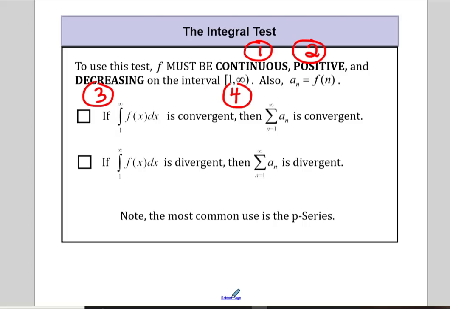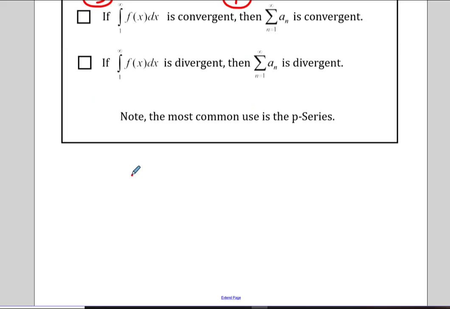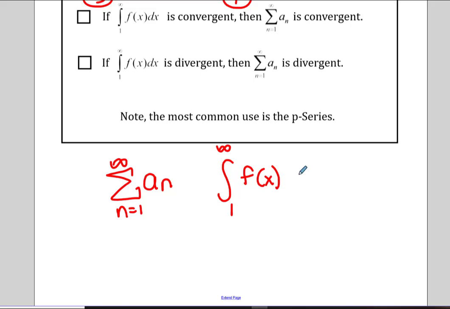In other words, the integral test says if the summation from 1 to infinity of our expression converges, then so does the antiderivative from 1 to infinity of our function in terms of x. They both converge or they both diverge.